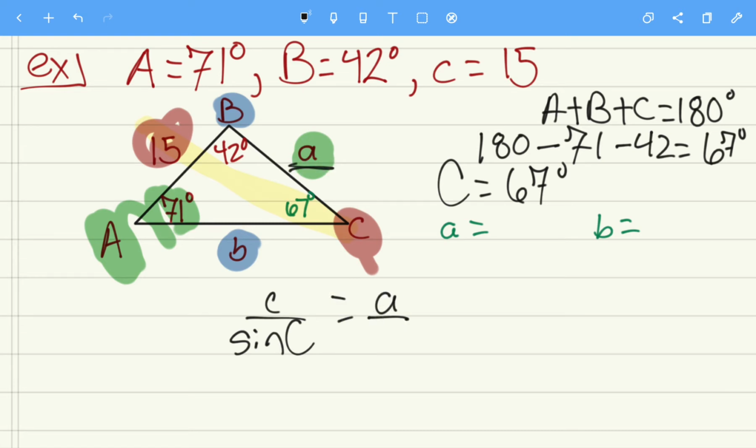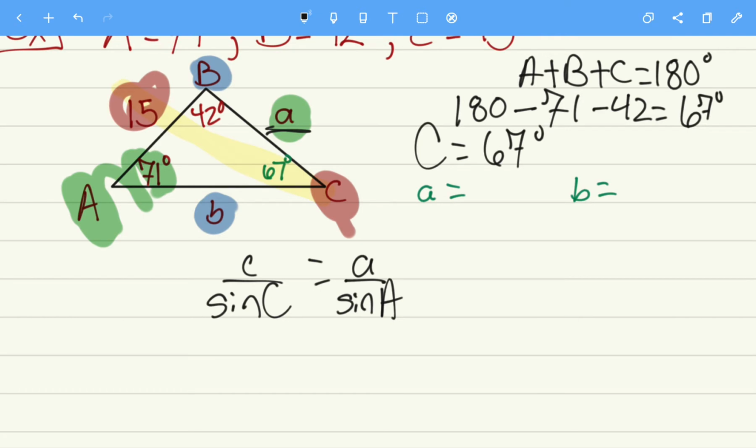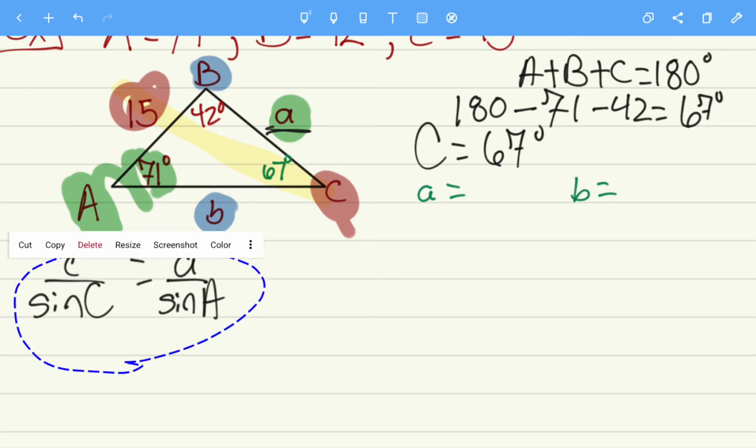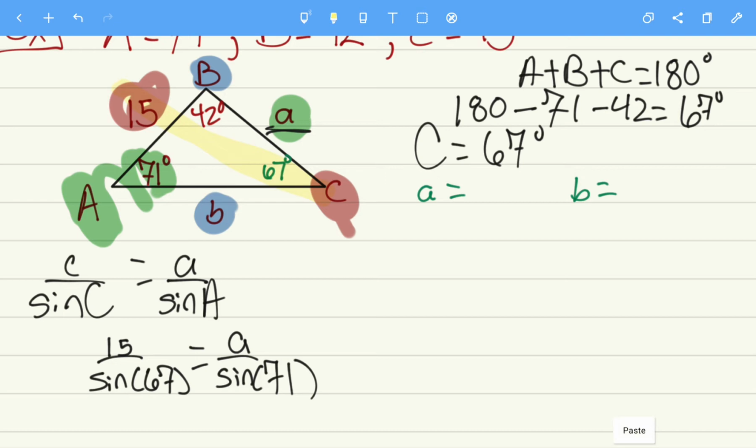So I'm going to set that equal to little a over sine of A. Now we can plug in our numbers. Okay. So side C is 15. Sine of C is 67 degrees, as we just calculated. We don't know what a is, and sine of A is sine of 71.